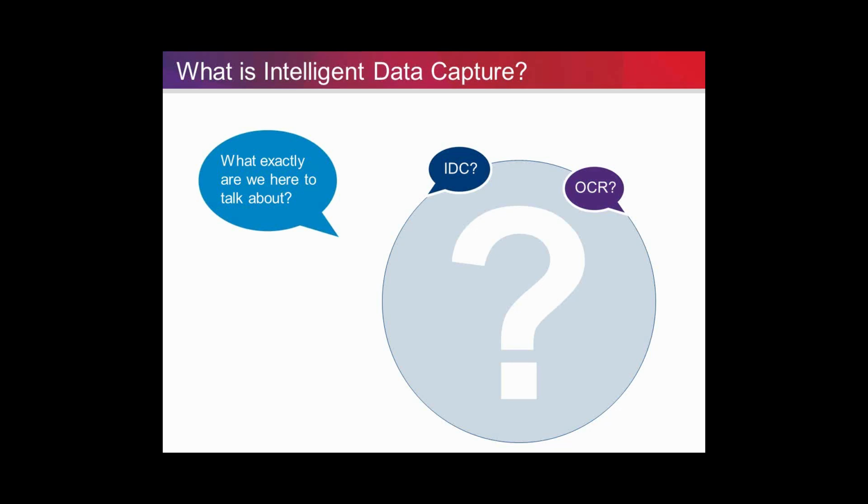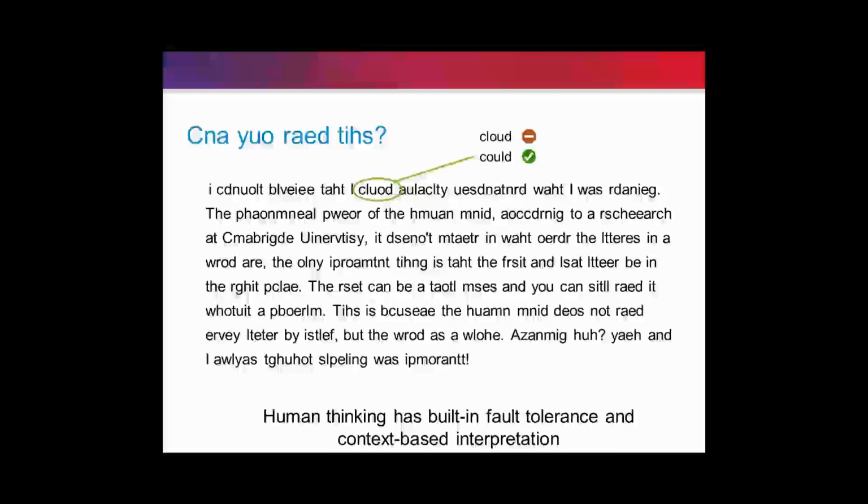It really helps you to maximize the benefit you're getting from these various document types and formats that you might be receiving. So Intelligent Data Capture is taking things a lot further than what OCR would.